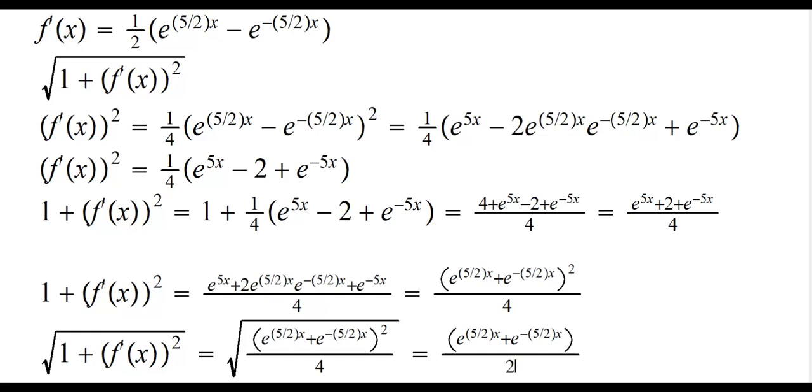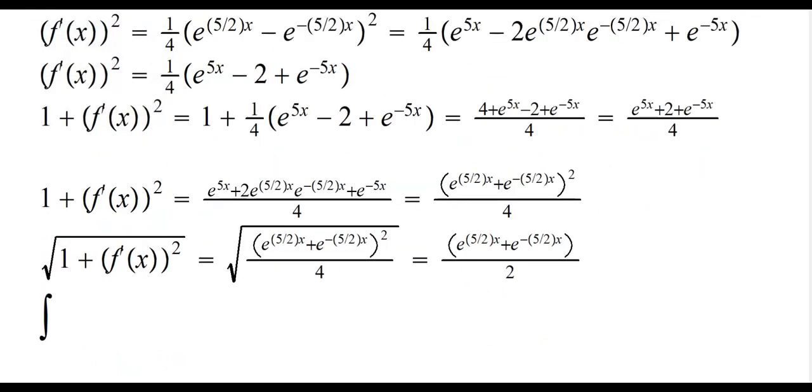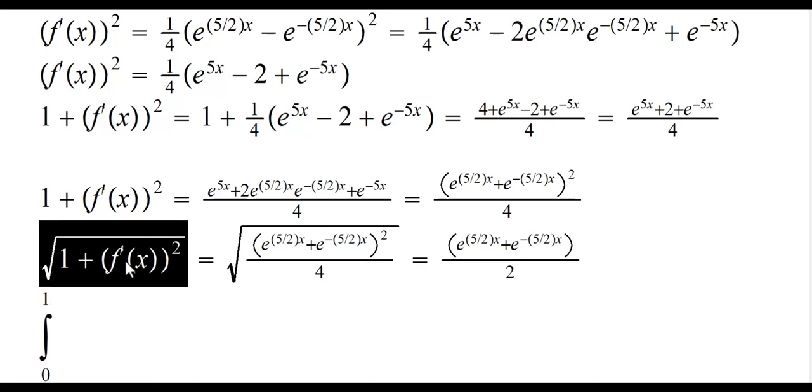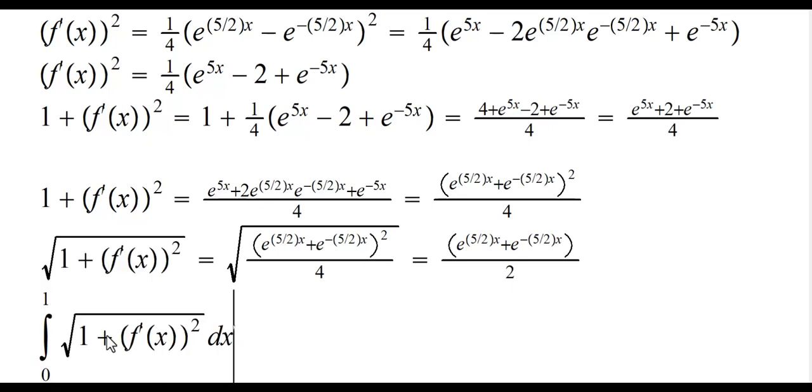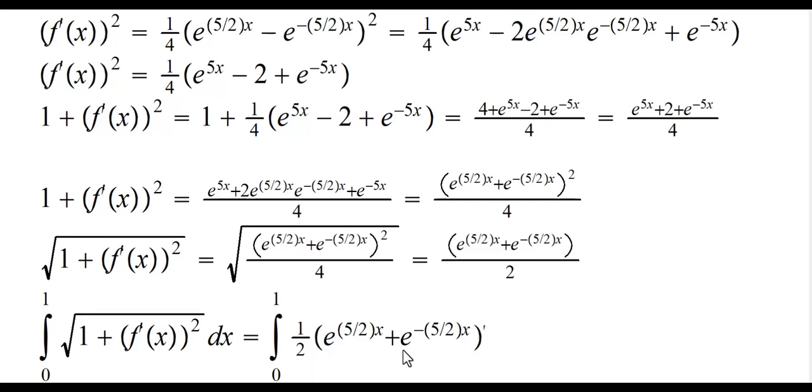So that's what we have to integrate now. Let's quickly find the integral from 0 to 1 of this quantity, and I'm just putting this 1/2 out as a factor just to make it look a little friendlier, or larger actually, for an older person like me.